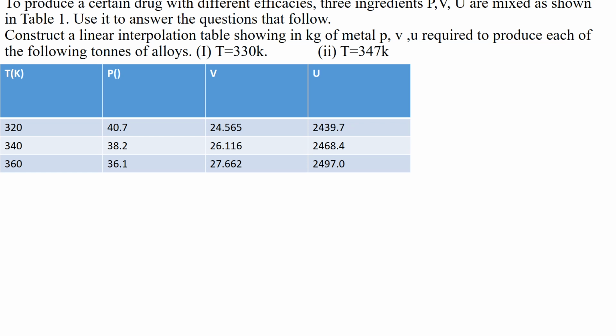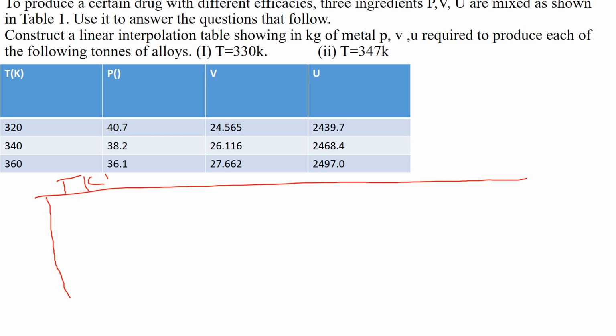Our new table will have T, that is our temperature in Kelvin, here is our P, here is our V, and here is our U. Let us now insert them in that order.